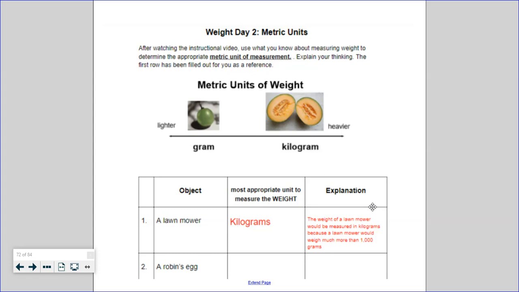It's very heavy, and heavy things would be measured in kilograms. Now, a robin's egg is the next one. Think about a little bitty robin's egg. That's definitely going to be grams. And the reason is because a robin's egg is very small and it weighs much less than a kilogram. So you would use grams as your unit of measurement.